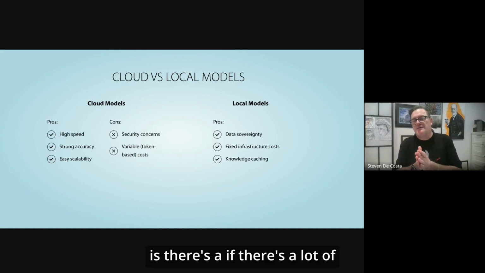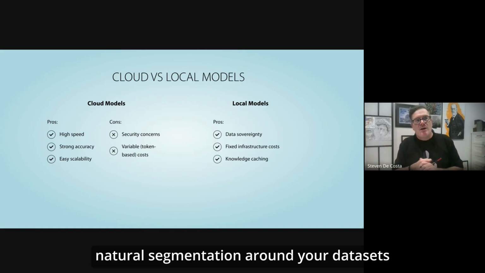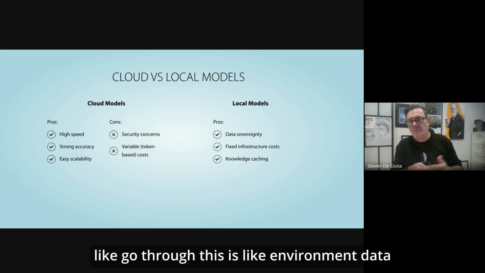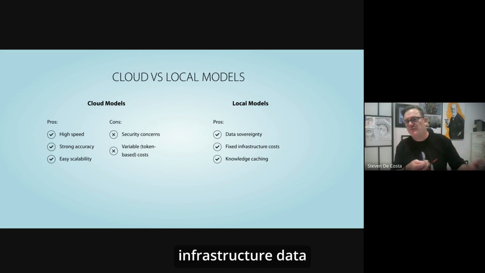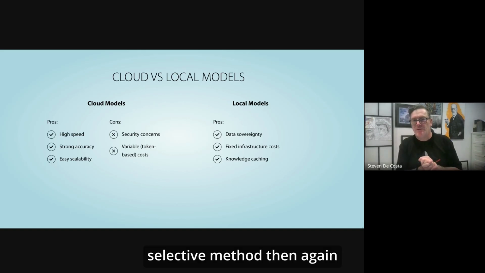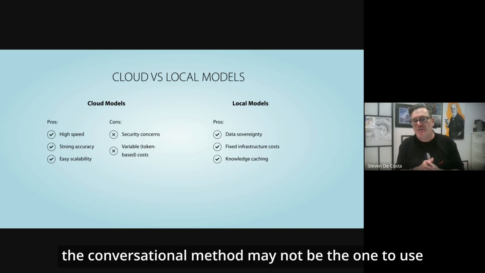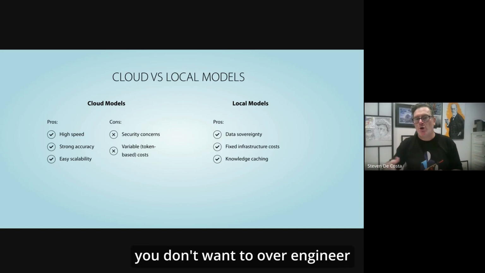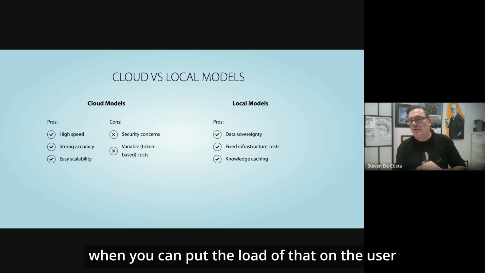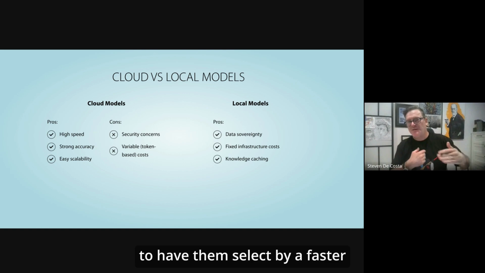If there's a lot of natural segmentation around your datasets, such that people can browse through faceted searching, like go through this is our environment data, infrastructure data, and can more quickly find what they need through a very different selective method, then again, the conversational method may not be the one to use. You don't want to over-engineer something that's going to be computationally heavy when you can put the load on the user to have them select by a facet.